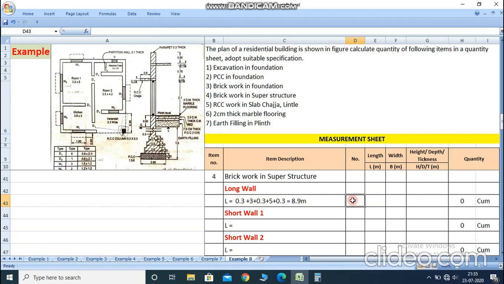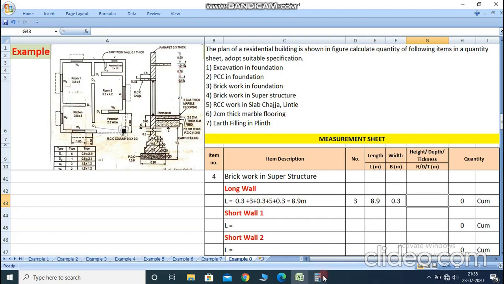So here the number of walls is 3, length is 8.9 meter, width we are already given in the section part and also in the plan. Width is 0.3 and height is given in the section part. So the height of the wall is the summation of 2.1 plus 0.12 plus 0.78.